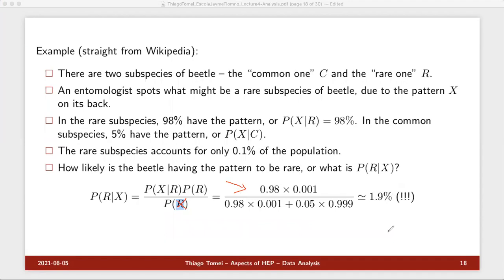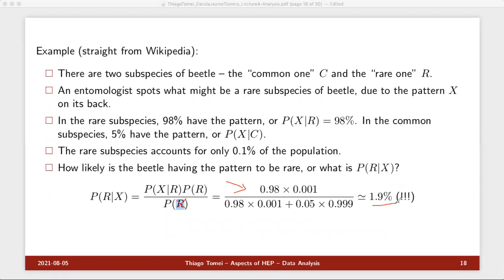And you get that the probability of the beetle that you have in your hand actually being of the rare subspecies is less than 2%. Sorry, you didn't find the rare beetle.